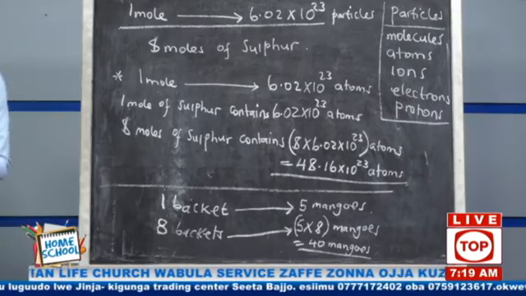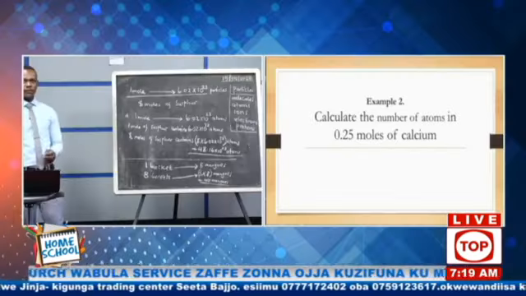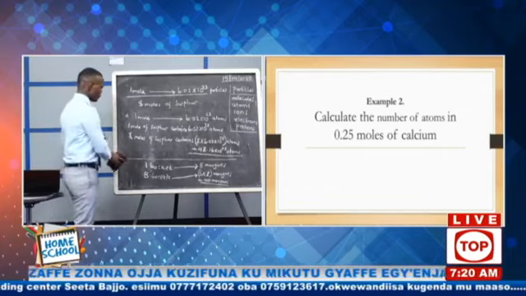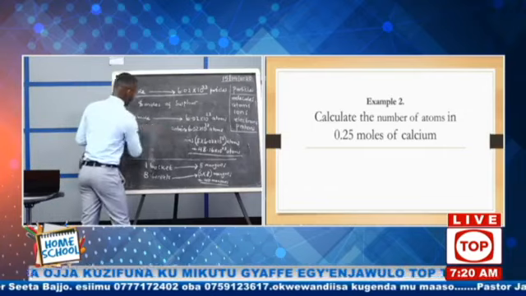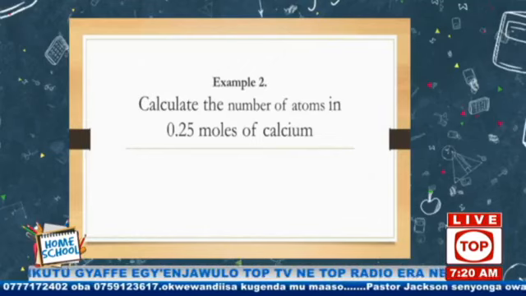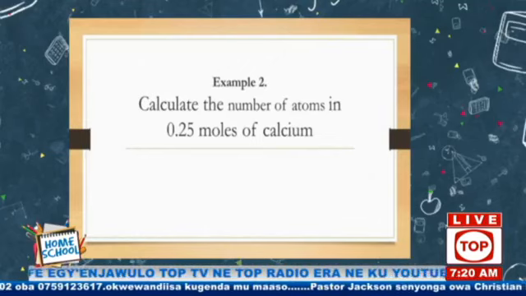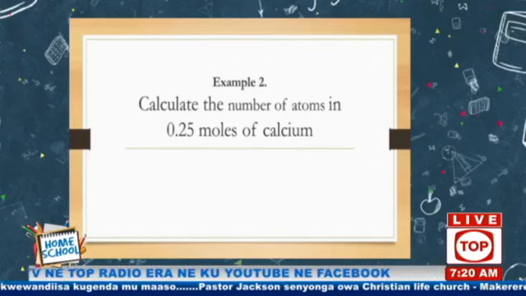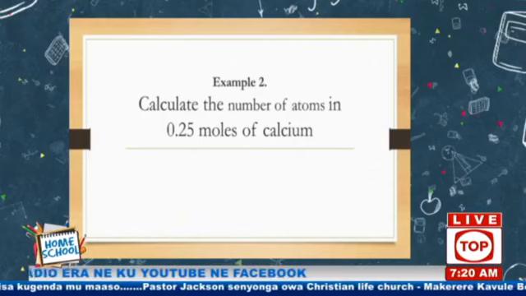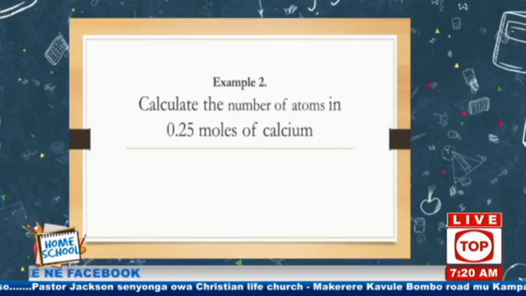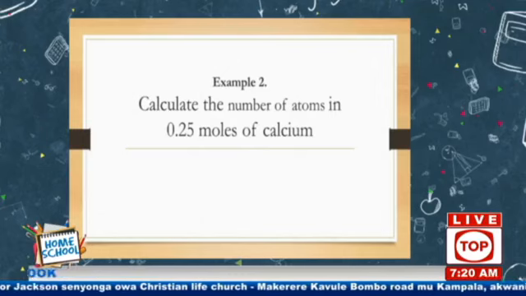So when we go to our next slide, we shall meet another question. Example 2. Let's go to example 2 on our next slide. Hopefully this one you have understood. So we have had an example on atoms.